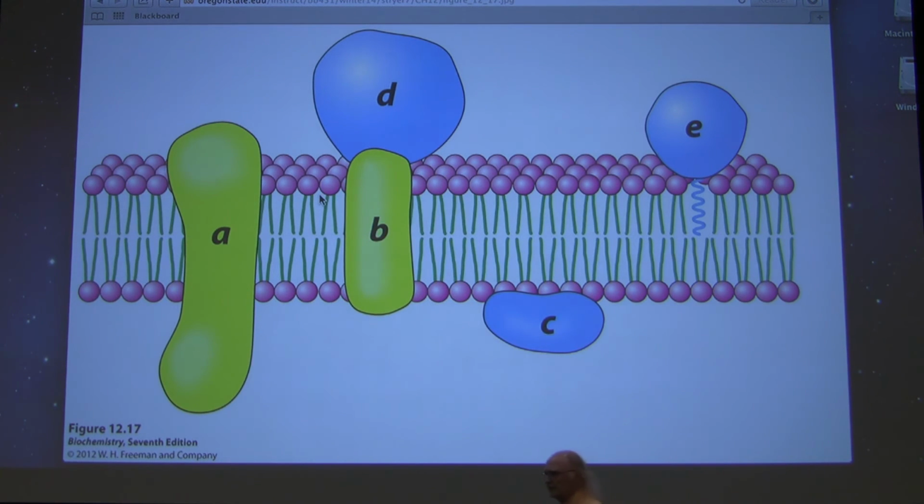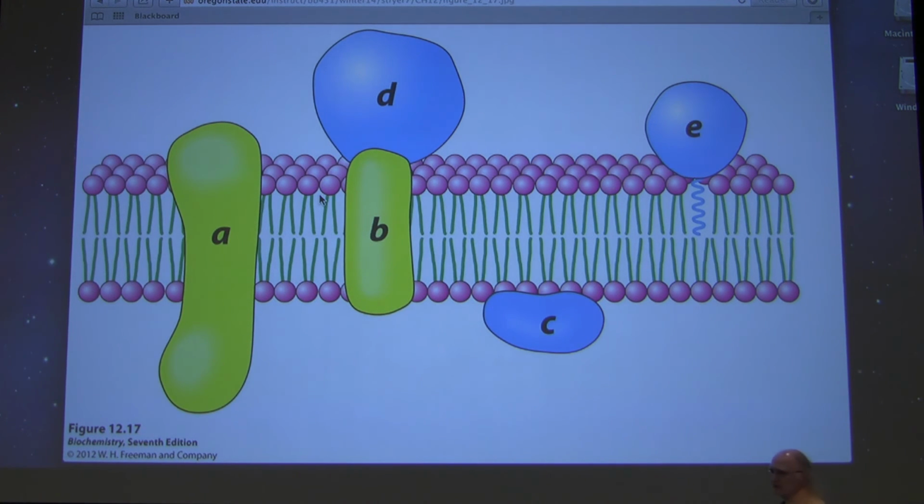Okay. If I look at this figure, one of the other things that we discover inside of cell membranes are proteins. There are membrane proteins that are embedded to varying degrees in the lipid bilayer. We see A, B, C, D, E, and I'm going to give you some designations, some names for these guys.